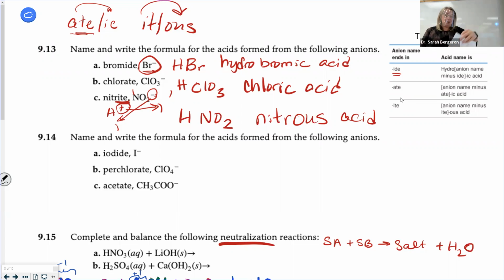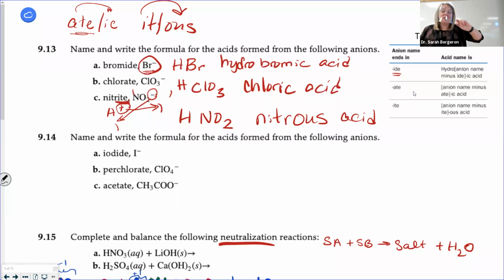The only other thing you need is on the acids and bases page. Do you see this little table that I put here? I put that table there as your best friend. So if you get confused, you just go and read the instructions and it tells you how to name it.